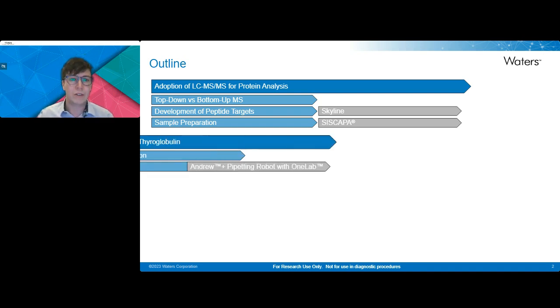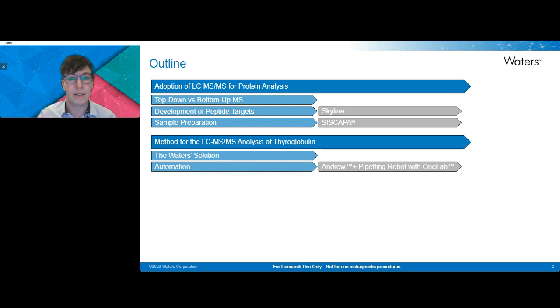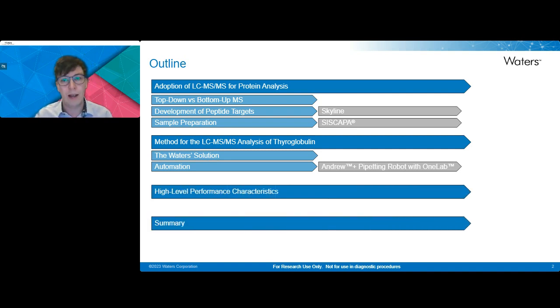This leads us on to the method for the LC-MS analysis of serum thyroglobulin, which includes the Waters workflow solution, with a brief overview of the sample preparation automation using the Andrew+ pipetting robot with OneLab software. Then I will follow this with a high-level performance characteristic summary, followed by the overall summary of the method.